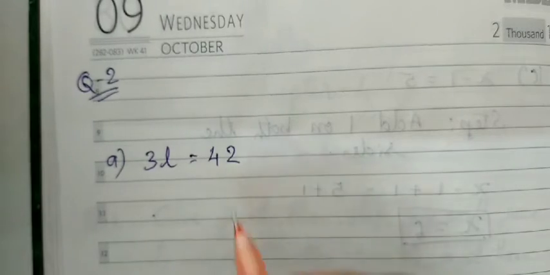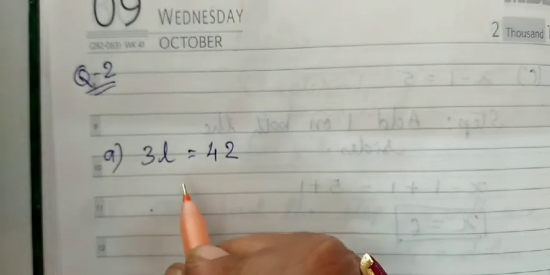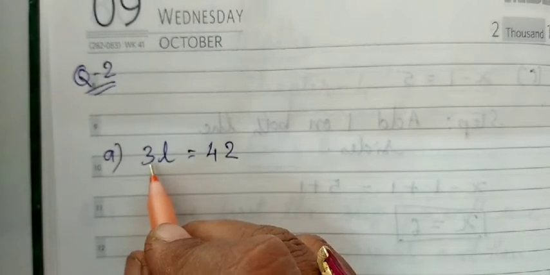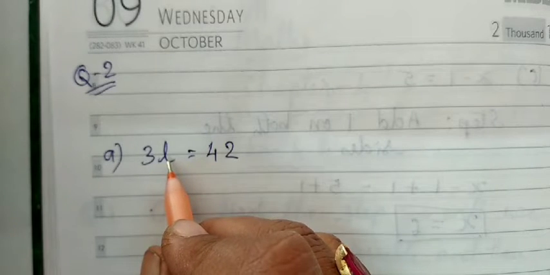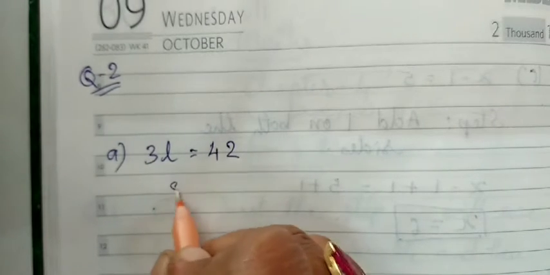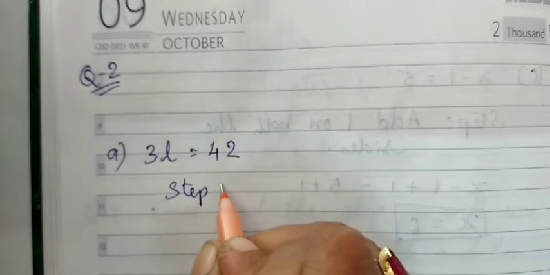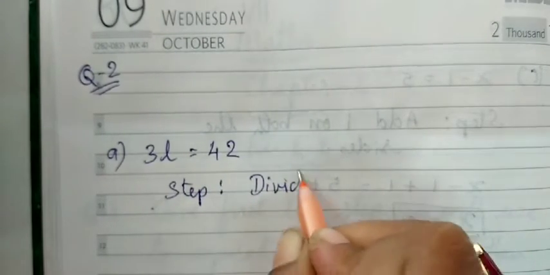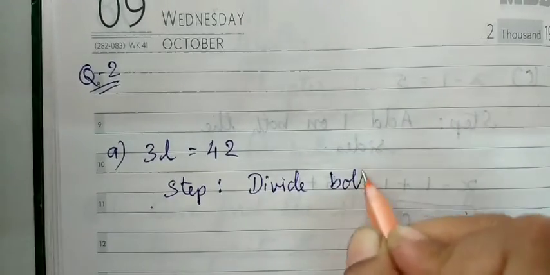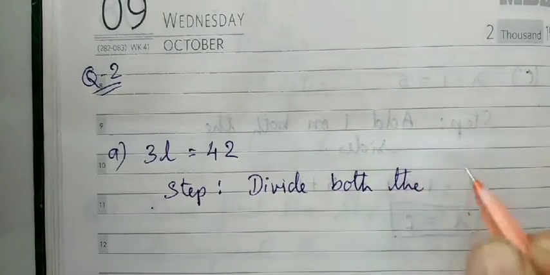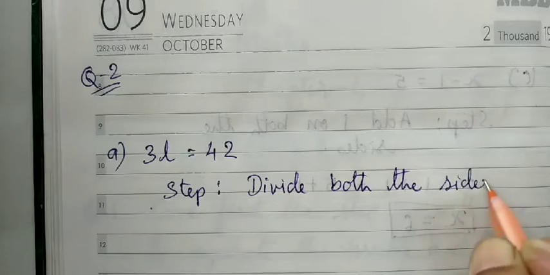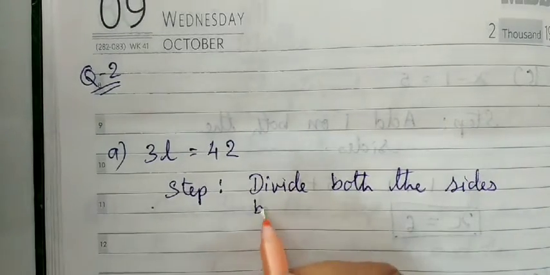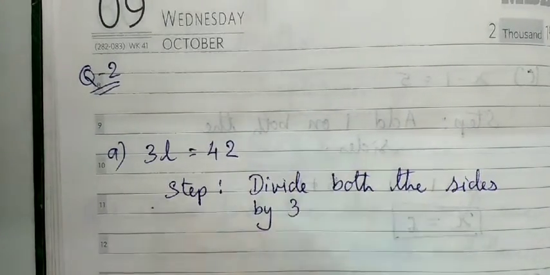Then that will remove the 3 which is multiplied with L, right? So let's write down the step. Divide both the sides by 3.